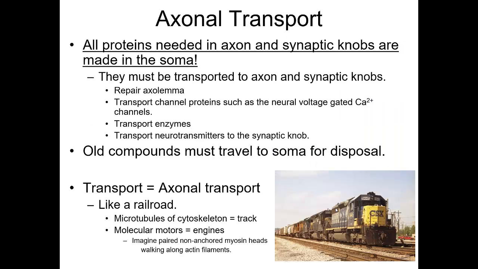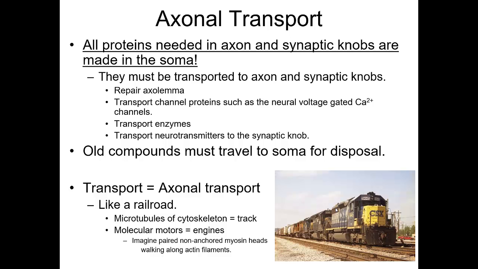Now, how does stuff travel from the cell body to the synaptic end bulb, and from the synaptic end bulb back to the cell body? Now remember, all the cell organelles, the nucleus, the lysosomes, the rough endoplasmic reticulum, the smooth endoplasmic reticulum, all of that stuff is only located in the cell body.